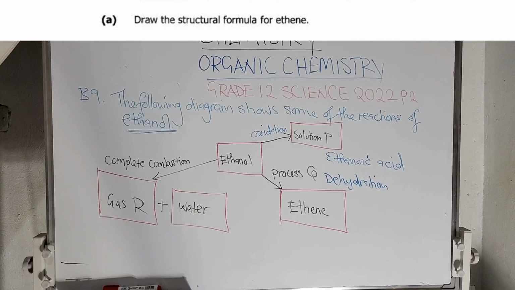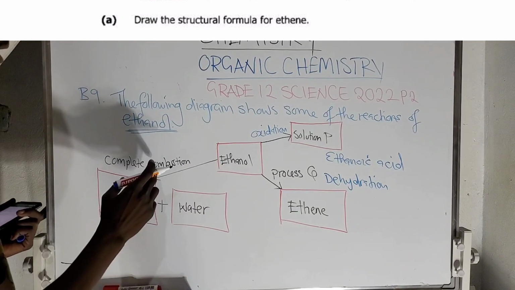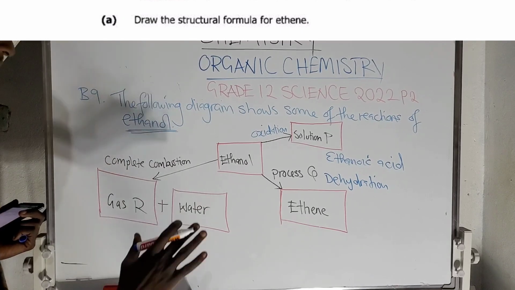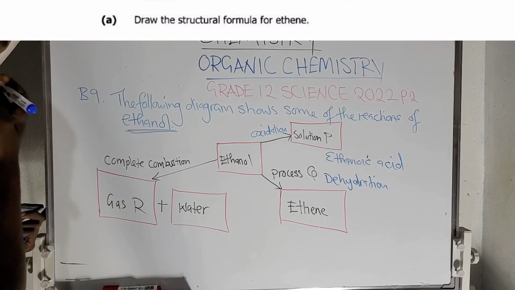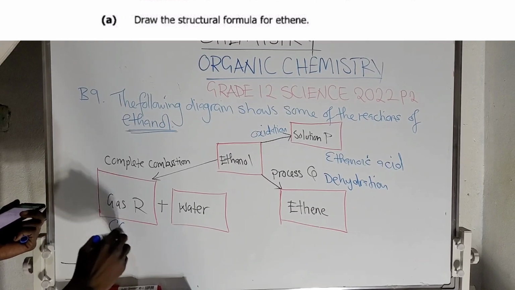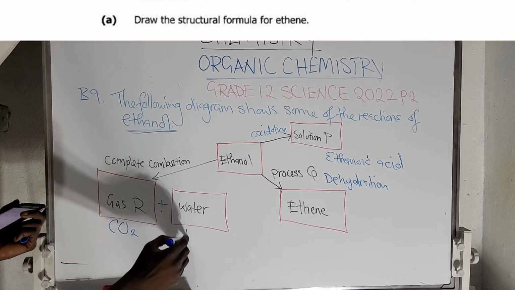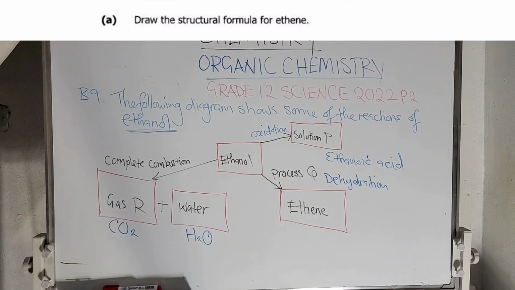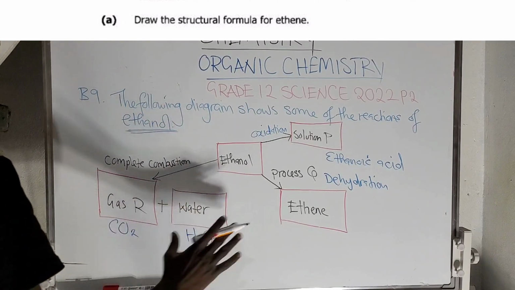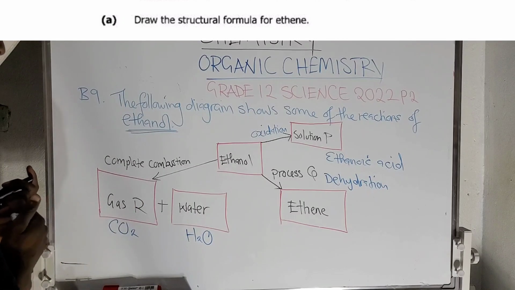Now, ethanol can also undergo combustion. For complete combustion of anything, the products are carbon dioxide and water. So this summarizes the reactions of ethanol.